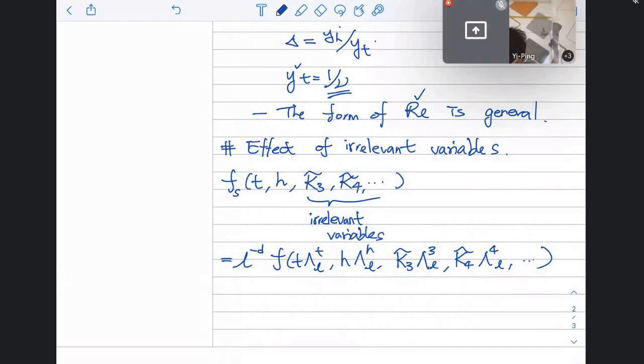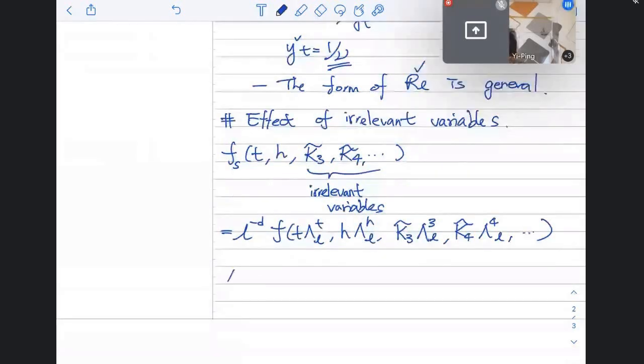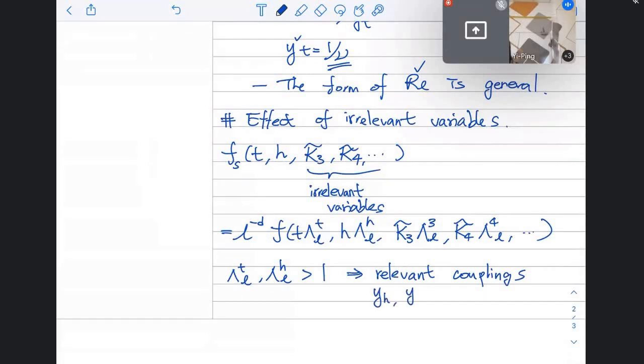So this is how the irrelevant couplings change. What we mean by relevant or irrelevant is that the eigenvalues of the matrix M, lambda_T(L) and lambda_H(L), are greater than 1. Those are called relevant operators. Equivalently, you can say YH and YT are greater than 0.